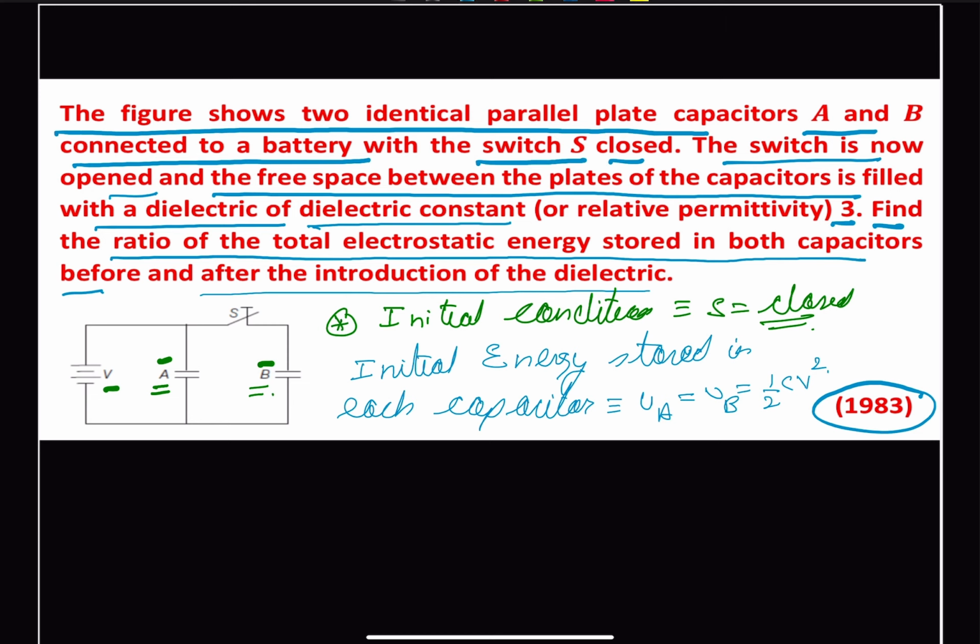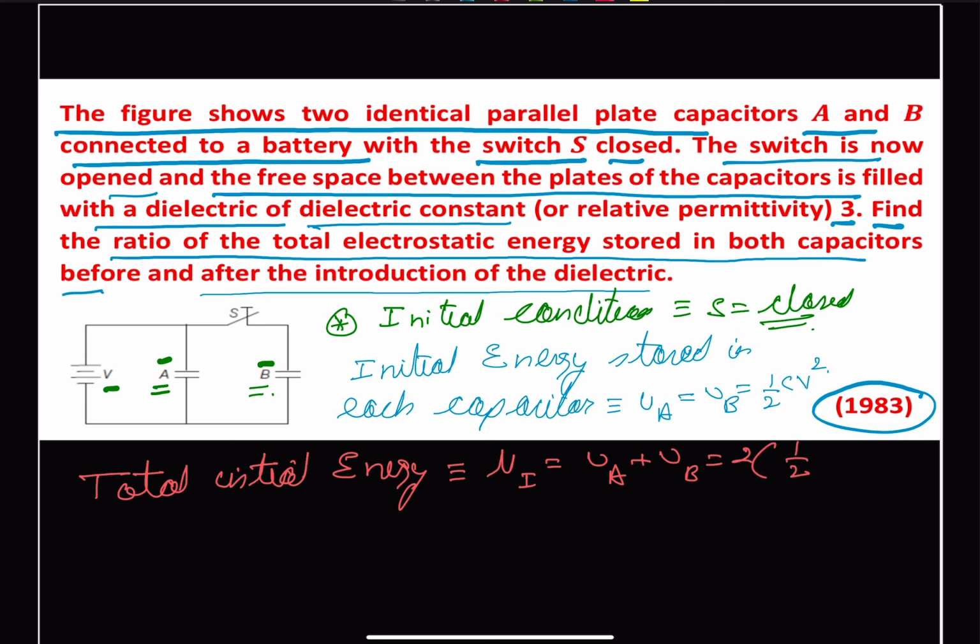Therefore the total initial energy, let us call that U initial, will be equal to UA plus UB, or we can say twice of half CV square.